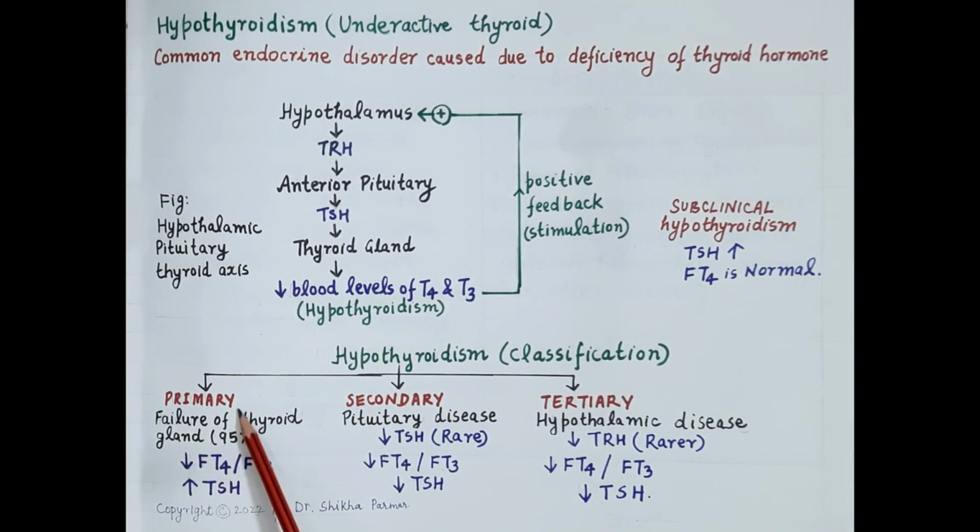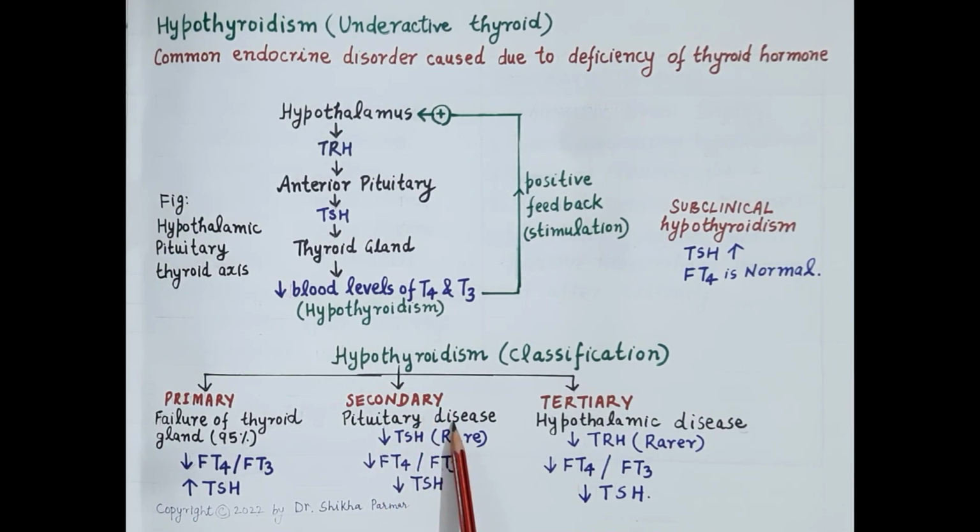So primary hypothyroidism is diagnosed by reduced blood levels of free T4 and free T3, and in addition to this, the levels of TSH are found to be high in primary hypothyroidism. Next is secondary hypothyroidism. Here the thyroid gland is normal, but the problem is associated with the pituitary gland.